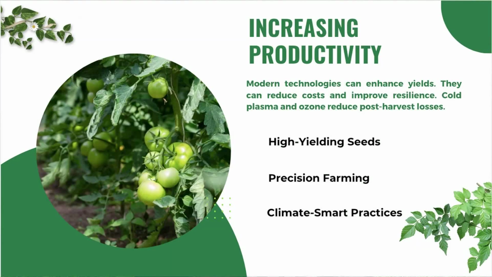However, modern agricultural technologies like high-yielding seed varieties, precision farming, IoT, and climate-smart practices can enhance yield, reduce cost, and improve resilience to climate change. Additionally, innovations such as cold plasma and ozone technology are transforming food processing and storage, and they also reduce post-harvest losses.